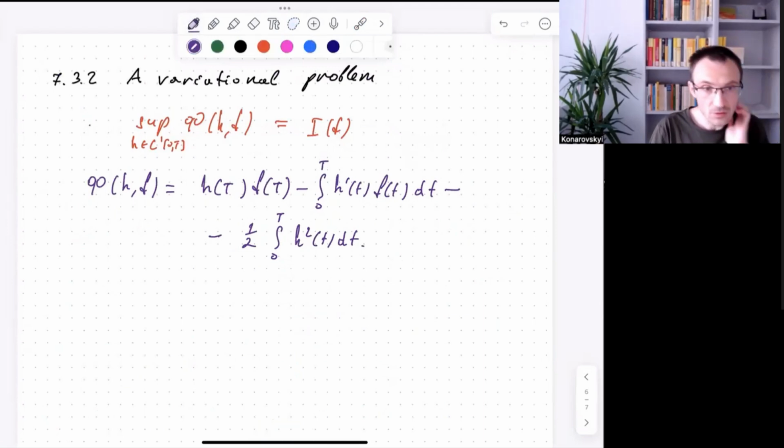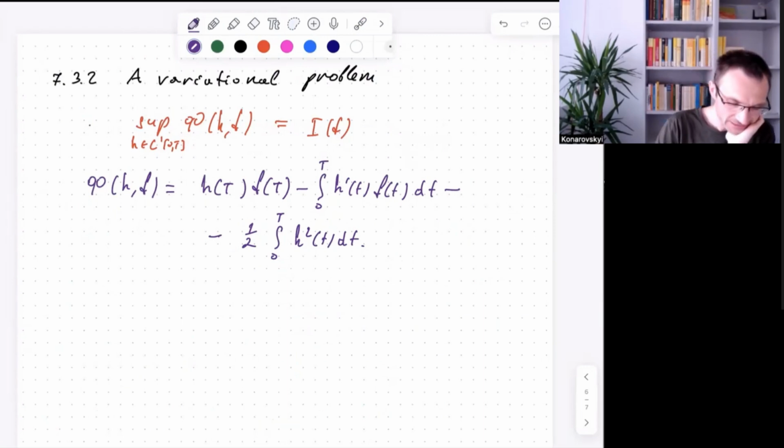And to prove this equality, I want to show you that this variational problem is actually not so strange. In particular, if f is regular enough, then this variational problem can be solved very easily.